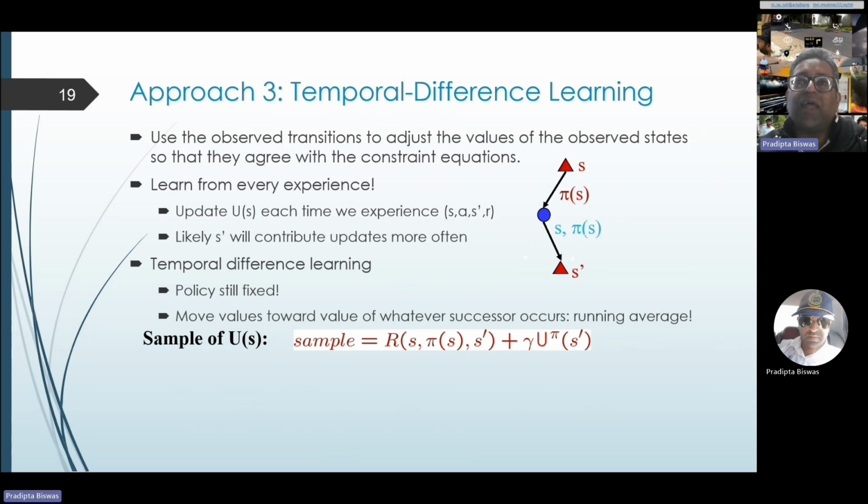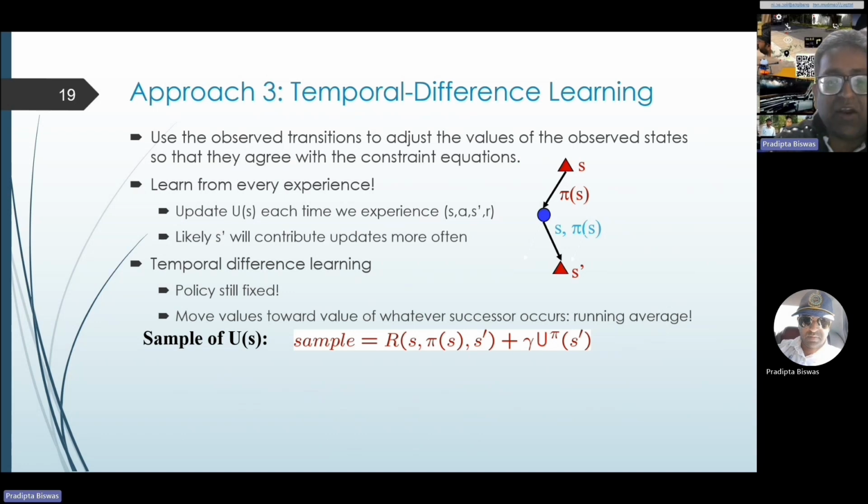We will not try to learn the utility values for the whole state space, but for our neighborhood, we will try to bring the unknown utilities to the best values that we assume or get an indication of from the terminal state. So we will only work on the localities.